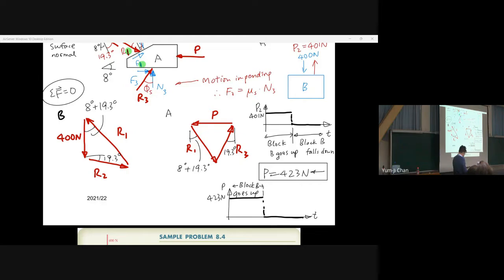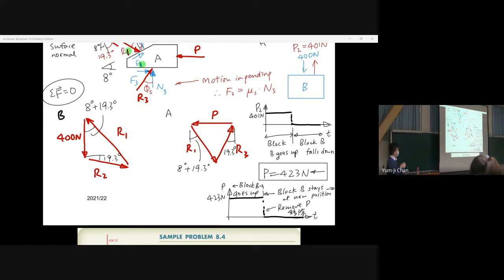But if the force is removed, block B will stay at a new position, and it will not fall down. These two are different things.